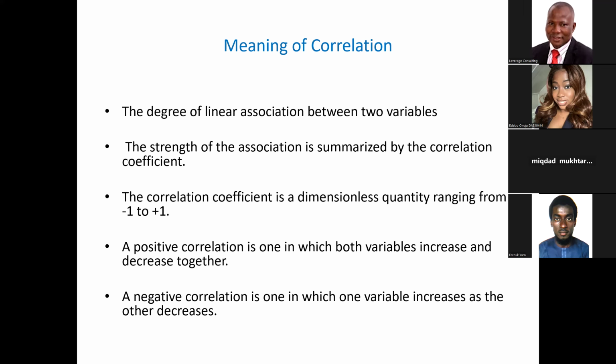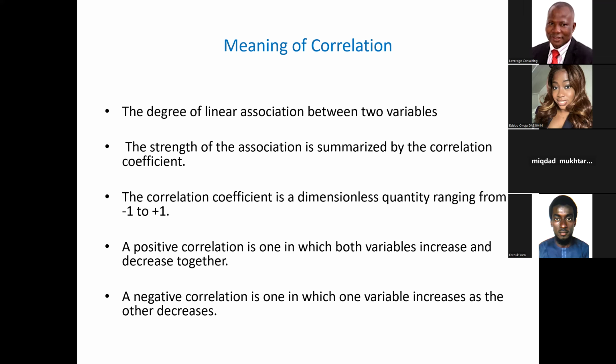So the correlation coefficient is a dimensionless quantity, ranging from -1 to +1. To me, I would like to say that it ranges from 0 to 1, but it can be negative or positive. So it can be from -1 to 0 or from 0 to +1.